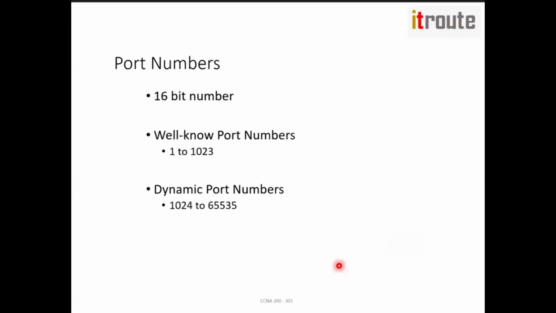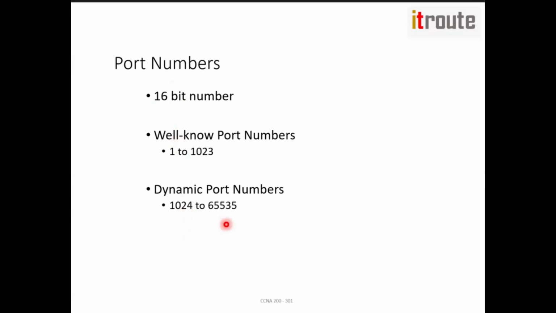Now, port numbers are one of the important things in networking. Port numbers are 16-bit numbers. Well-known port numbers are 1 to 1023, and dynamic port numbers are 1024 to 65,534. So altogether, we have 65,535 port numbers available, which comes from 2 to the power 16.